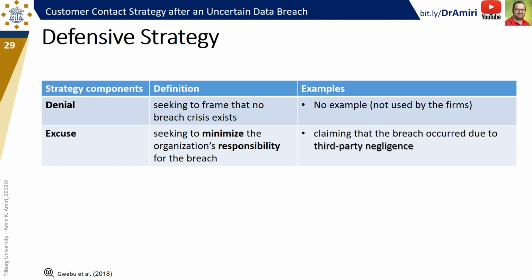The second way to apply this defensive strategy is to provide excuses, to seek to minimize the organization's responsibility for the breach and attribute the issue to a third party. So you claim that, oh, this happened because we were working with IBM and IBM didn't provide the service in the way that it was supposed to.